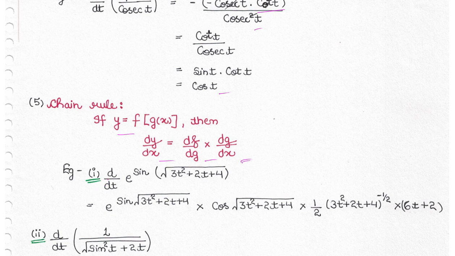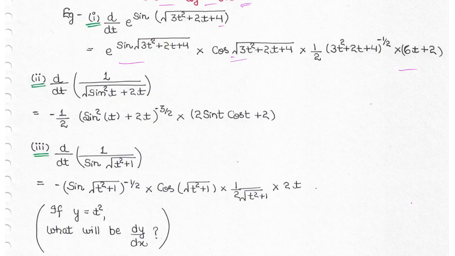So if we have d/dt of e to the power sin square root of 3t square plus 2t plus 4, we can write e to the power sin square root of 3t square plus 2t plus 4 into cos square root of 3t square plus 2t plus 4 into half (3t square plus 2t plus 4) whole to the power minus half into 6t plus 2. You can also check this thing.